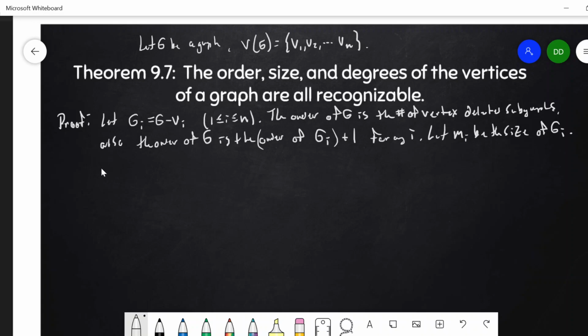Let's consider just any edge of G. Let's call it v sub j, v sub k. Let e equal v sub j, v sub k be any edge.